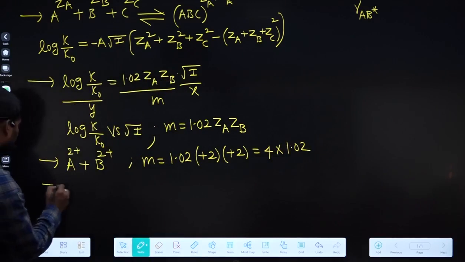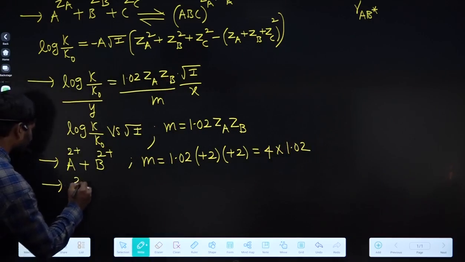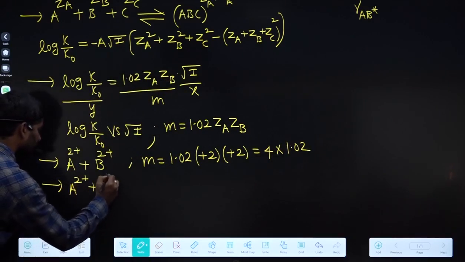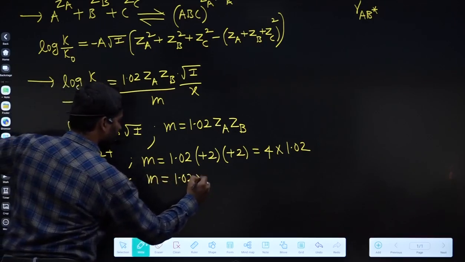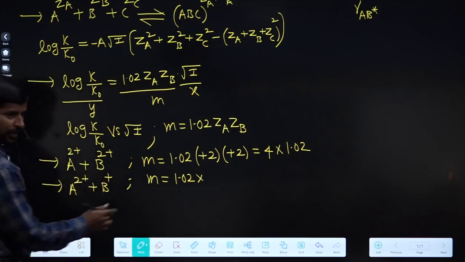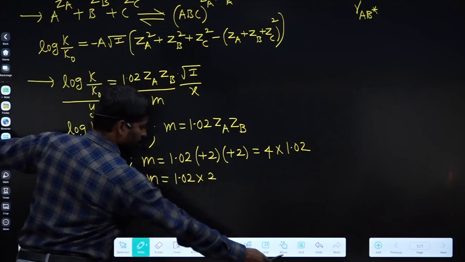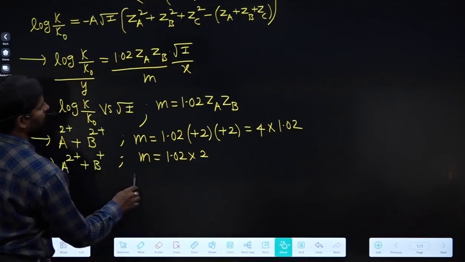For example, if you take a reaction like this, A2 plus and B plus, what about the slope? 1.02 into 2 into 1, that is 2. So 2 into 1.02 we are getting.